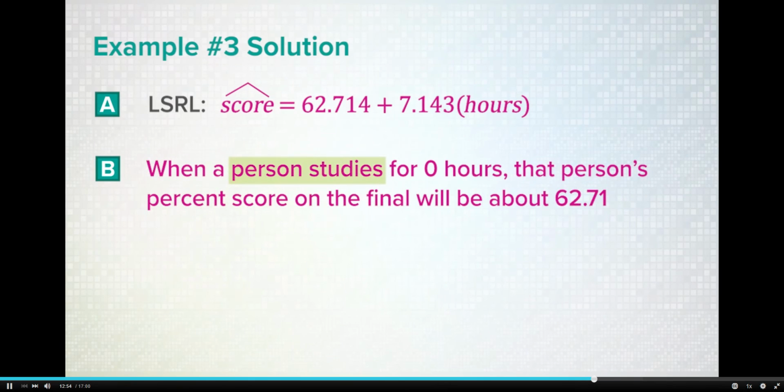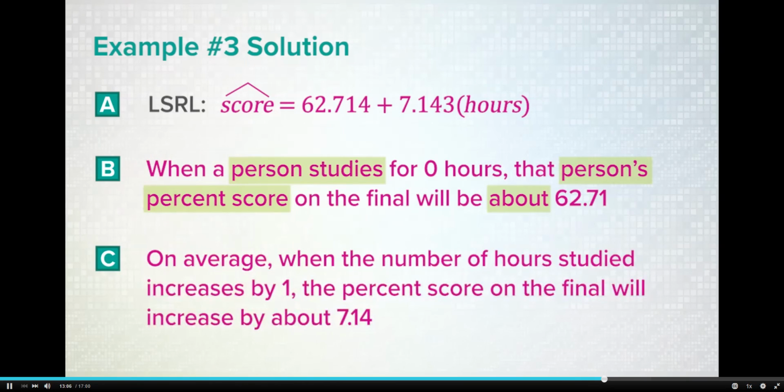When a person studies for 0 hours, their percent score on the final will be about 62.71. Notice, I have all the parts of my sentence frame there. For part C, we need to interpret the slope in context of the question. On average, when the number of hours studied increases by 1, the percent score on the final will increase by about 7.14.